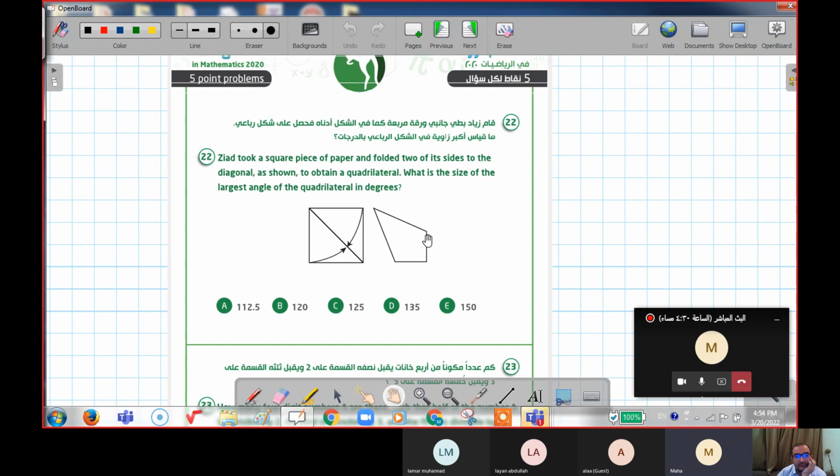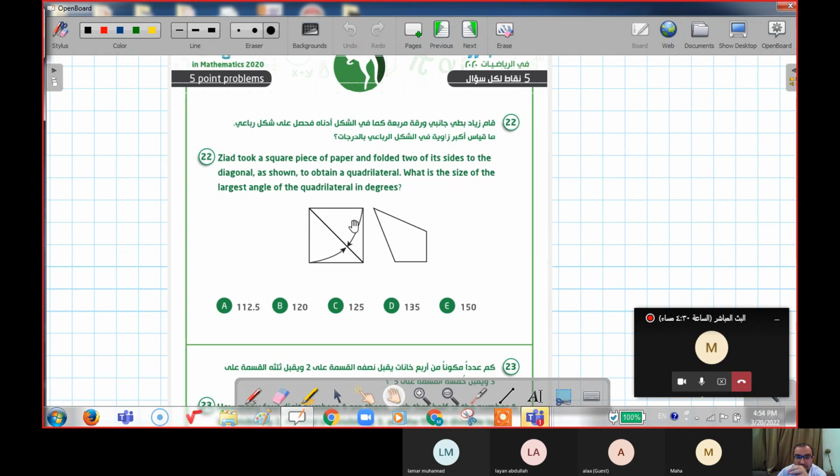Ziad took a square piece of paper and folded two of its sides to the diagonal as shown, to obtain a quadrilateral. What is the size of the largest angle of the quadrilateral in degrees? So we have a square piece of paper, of course.